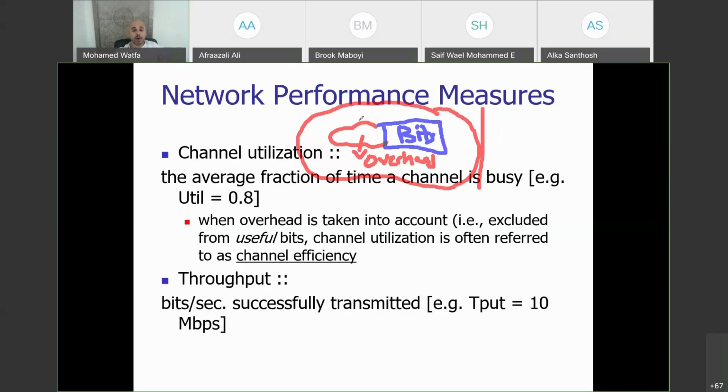Now, if I remove the overhead and only look at the blue part, then this is what we refer to as efficiency. So efficiency is more accurate to an extent. It doesn't look at the junk bits that we don't care about too much. It only looks at the useful bits. Okay, Fatima? Is it better? Okay, excellent. Thank you, Fatima. I mean, if it's not better, please go back to the video. I'm sure we kind of figured it out. Okay? No, it's all clear. Thank you so much, Fatima.